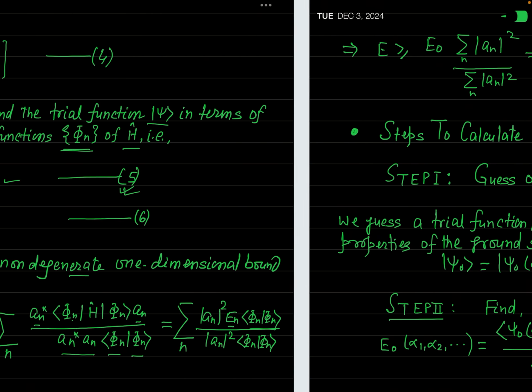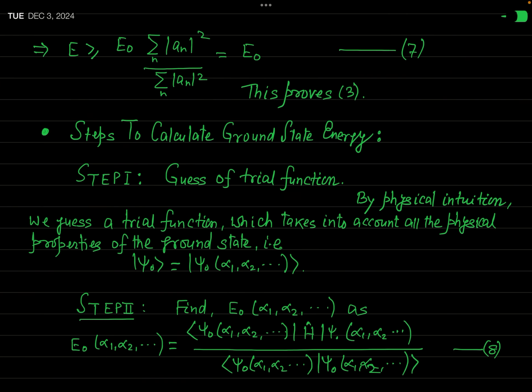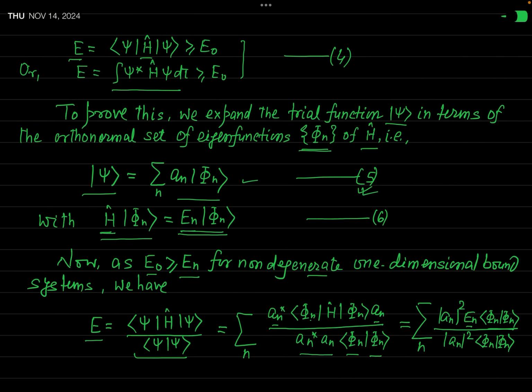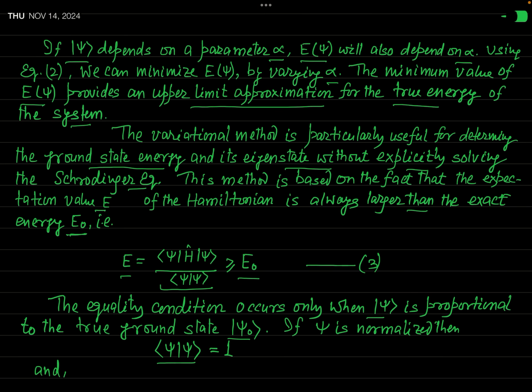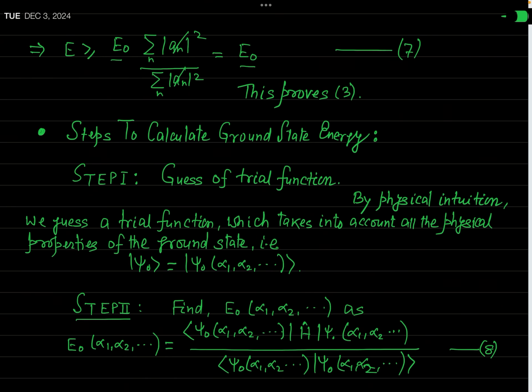So this E will be greater or equal to E naught times the summation over n of modulus of An squared, divided by the modulus of An squared. These two will cancel out, and so this is simply equal to E naught. So this result proves equation number 3, which I mentioned here. In this way we have proved that very important result.